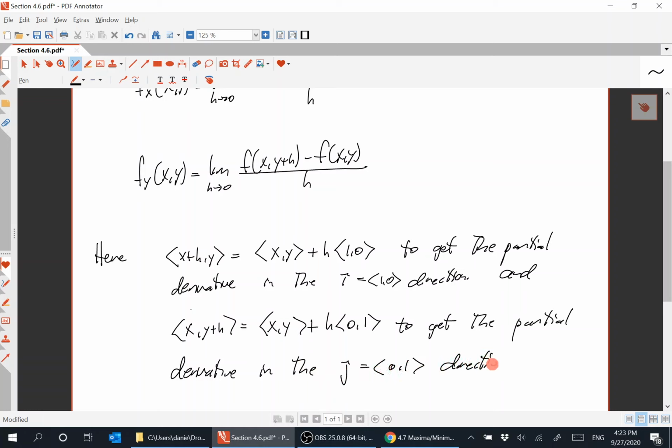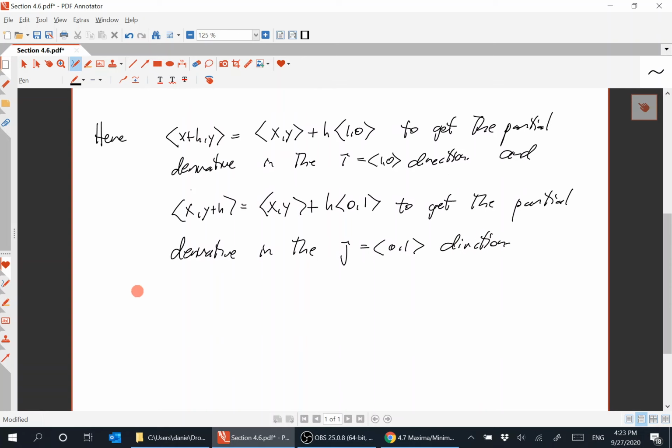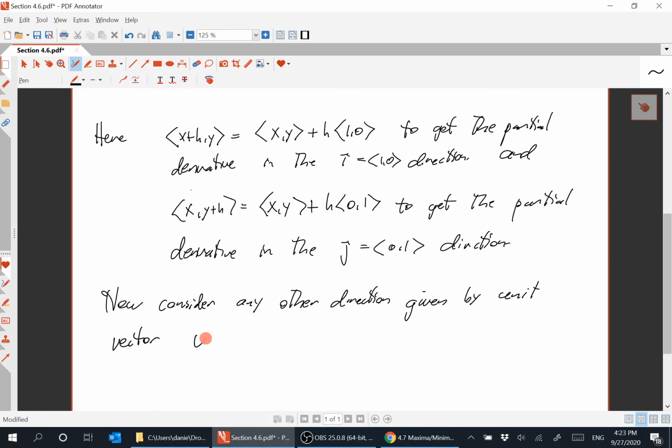But what about any other direction? So now consider any other unit vector given by u equal to (c, d).